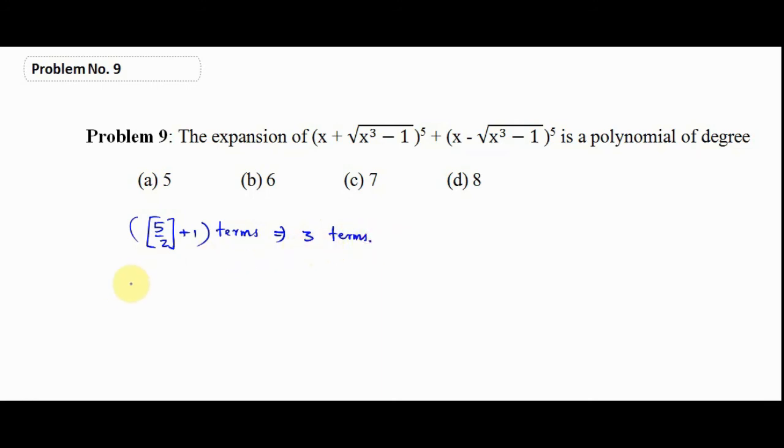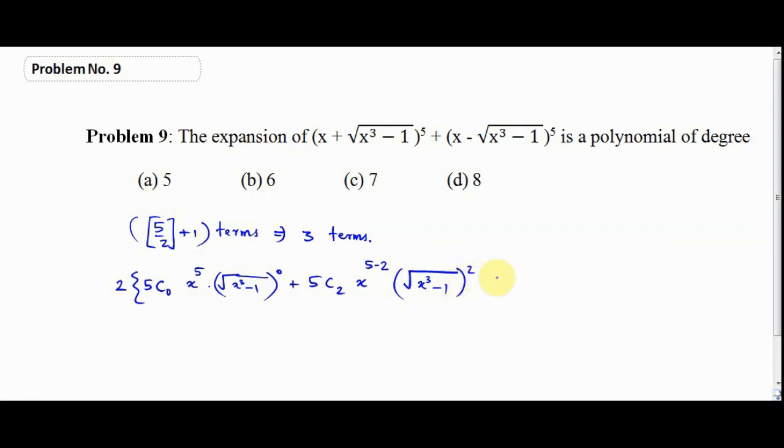Okay. And the expansion will be 2 into [5C0 x^5 (√(x³ − 1))^0 + 5C2 x^(5−2) (√(x³ − 1))^2 + 5C4 x^(5−4) (√(x³ − 1))^4]. Here n value is 5.